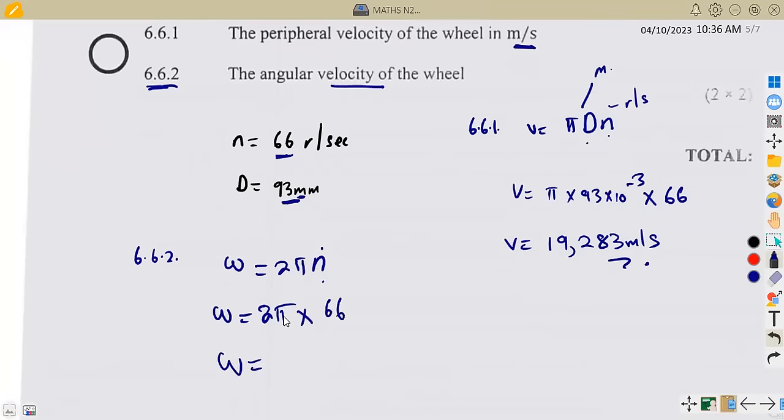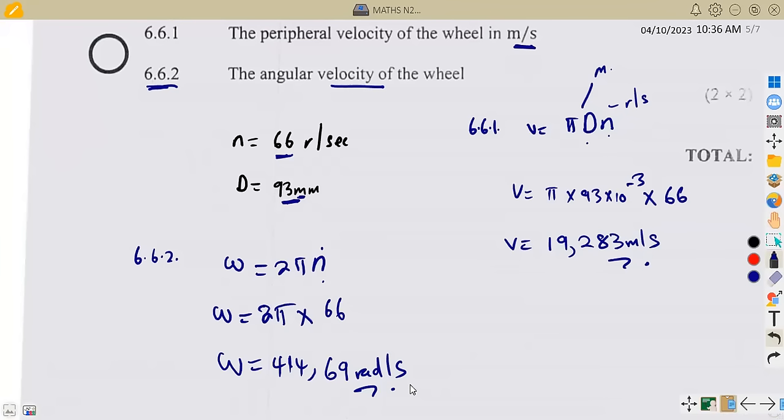So omega is going to be 414.69, or just 414.7 rad per second. Remember that the angular velocity is measured in what? In rad per second. All right.